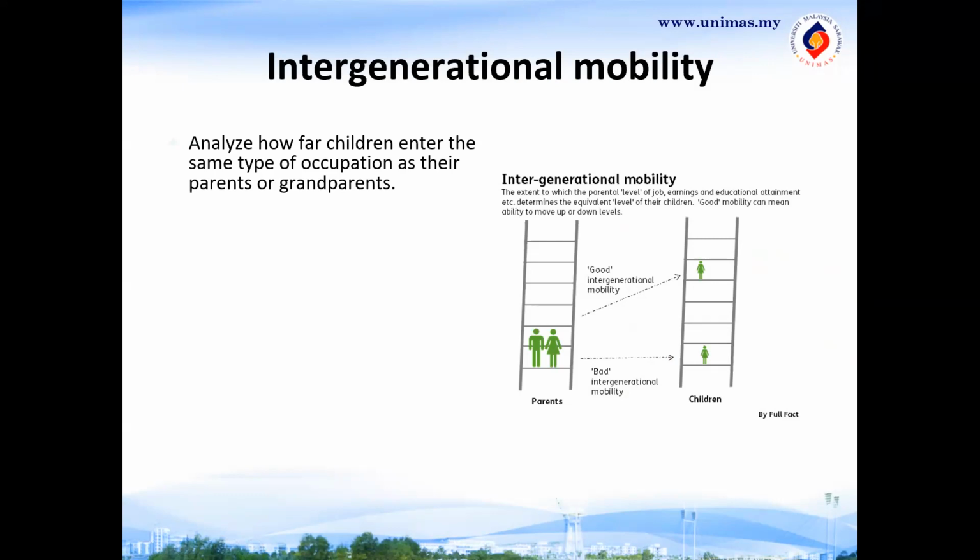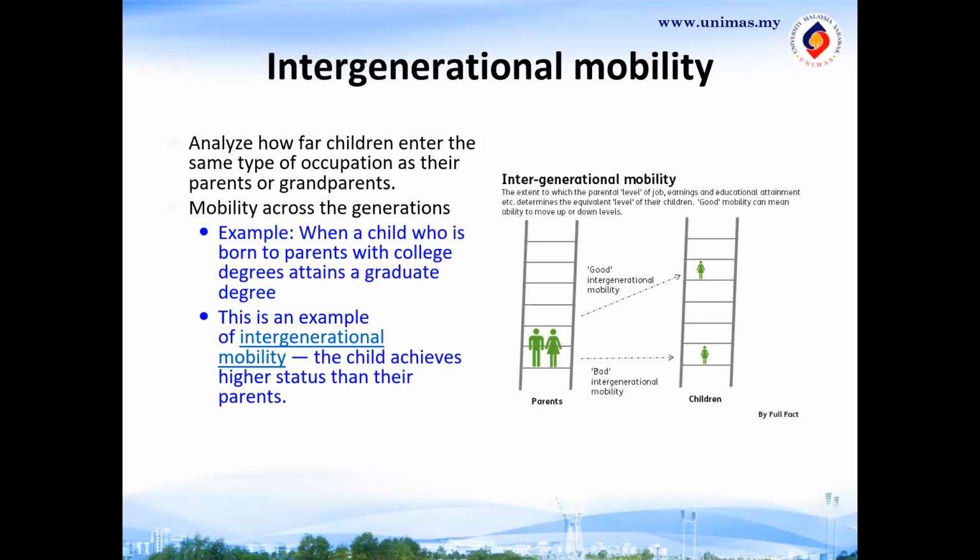Whether they are still doing the work done by their parents or grandparents, or whether they have changed. So mobility across generations, for example, when a child who is born to parents with college degrees attains a graduate degree. This is an example of intergenerational mobility, while the child achieves higher status than their parents.